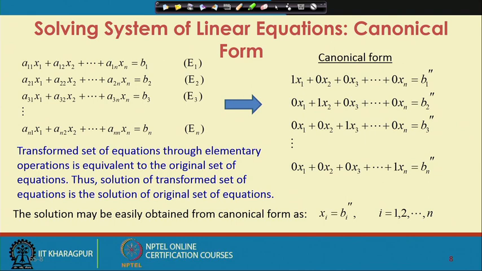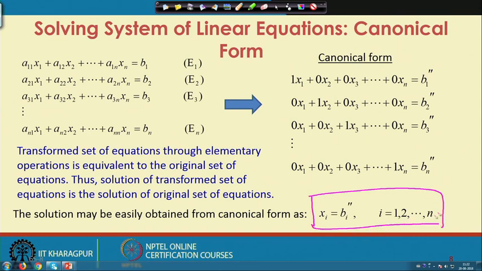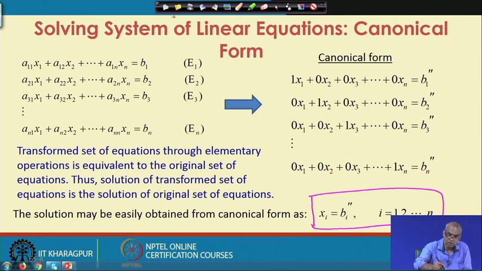So, the solution can be easily obtained as x i equal to b i double prime for all values of i equal to 1 to n. So, once you can convert the system of linear equations into its canonical form, you can obtain the solution very easily.